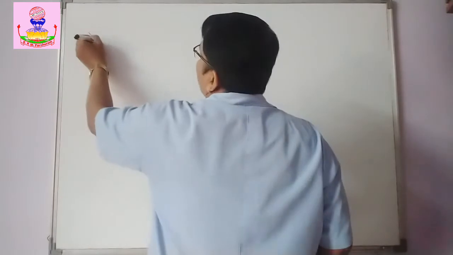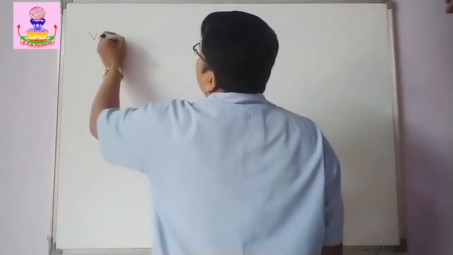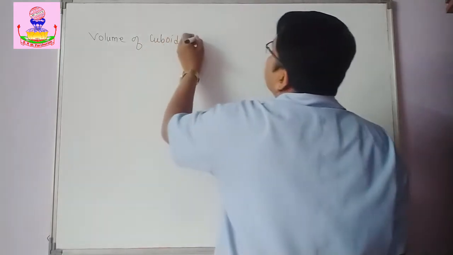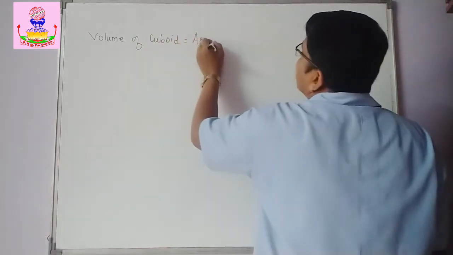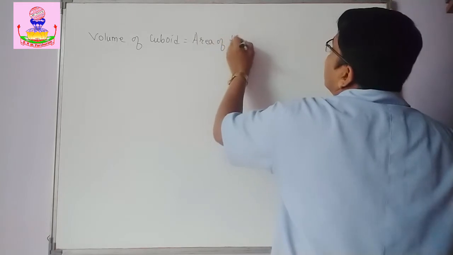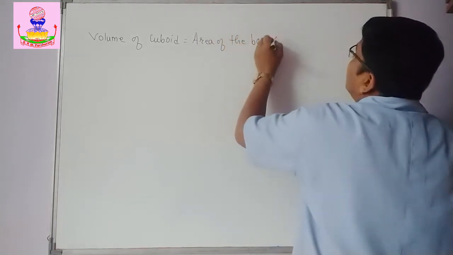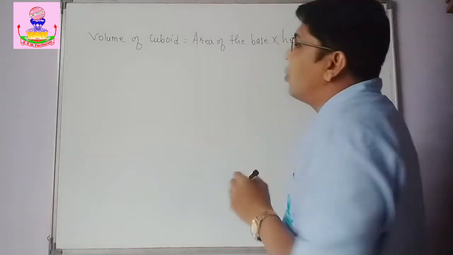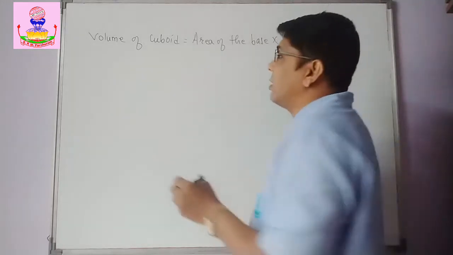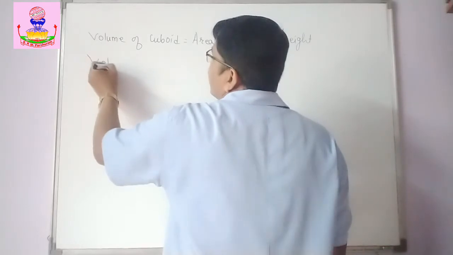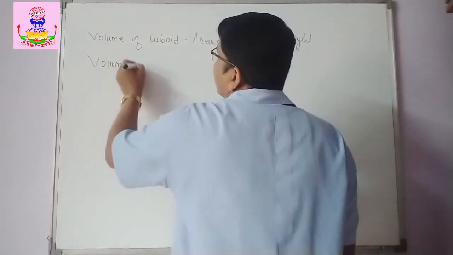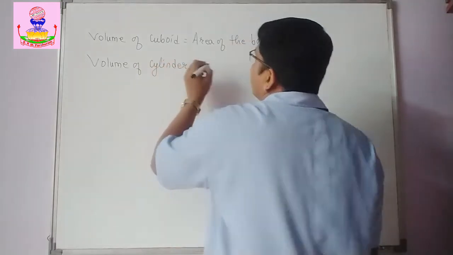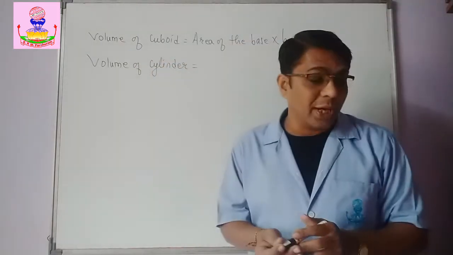Now see, volume of cuboid, as I have said, is area of the base into height. Now, can I say the same thing for volume of cylinder? Can I use the same thing, area of the base into height?